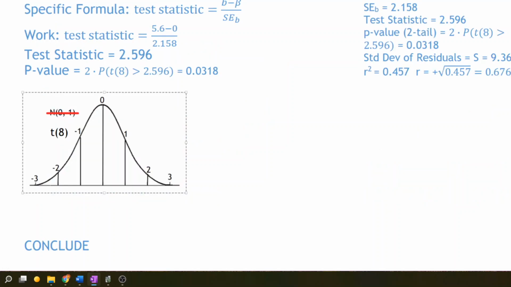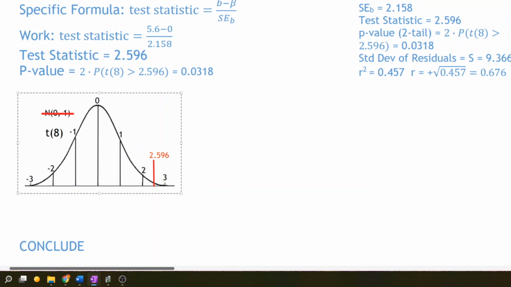The last thing we're going to draw here is that normal-like curve. This is a t-curve with 8 degrees of freedom. Our test statistic was 2.596, so we're going to locate 2.596 and then carefully shade above that.